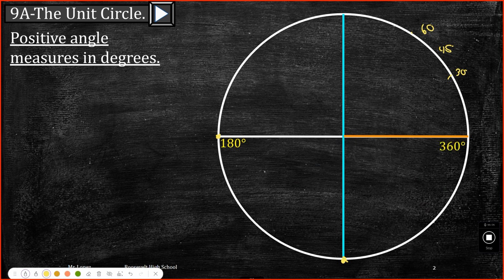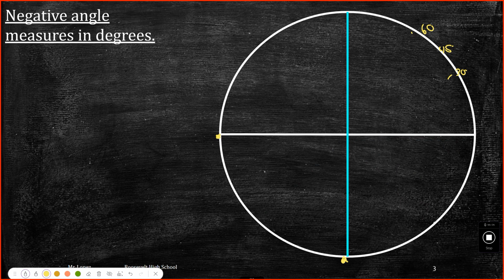Okay, that's what you need to be familiar with. Draw another circle, and we're going to measure going negative now. You could do it on the one circle you already have, but it's going to be kind of messy.